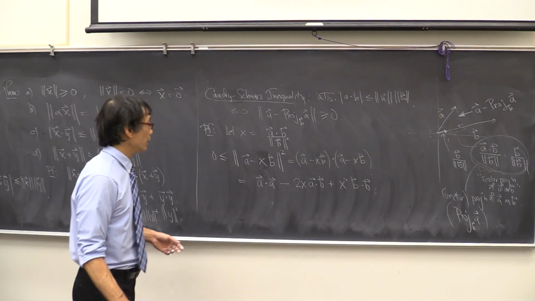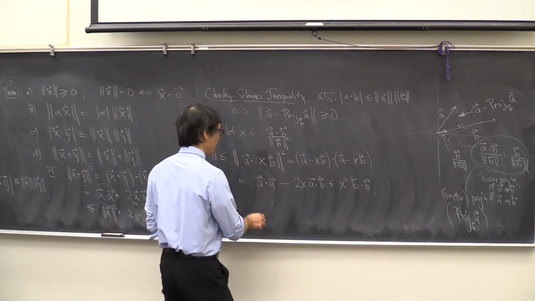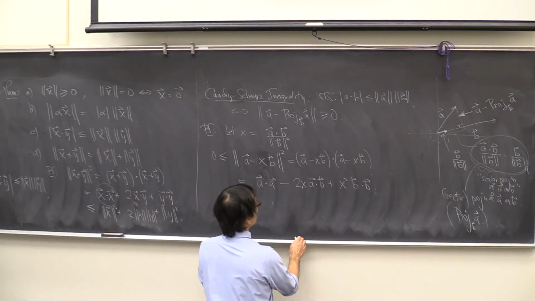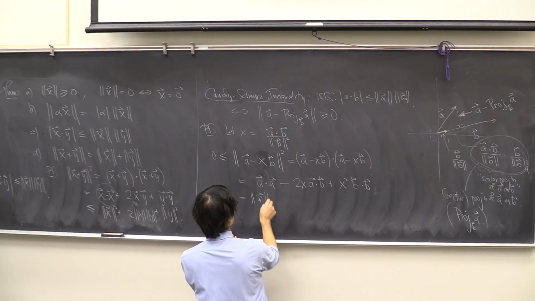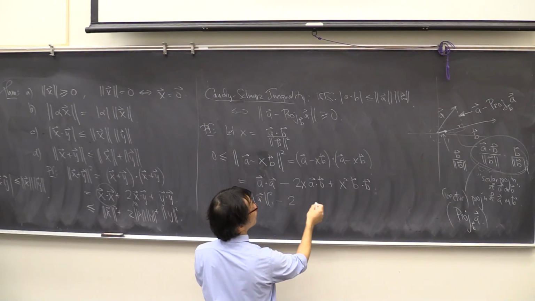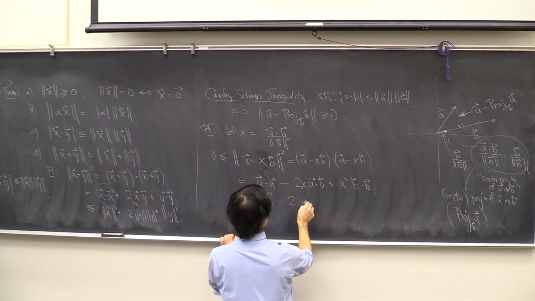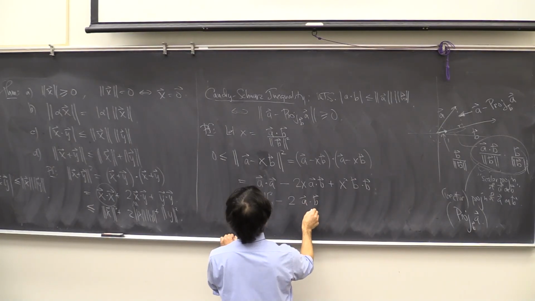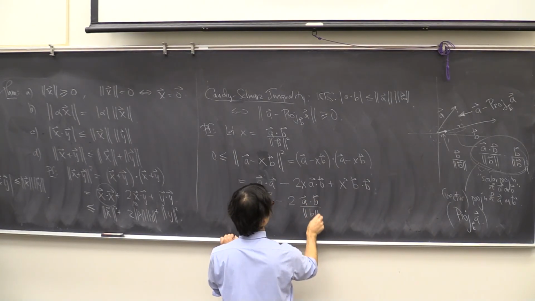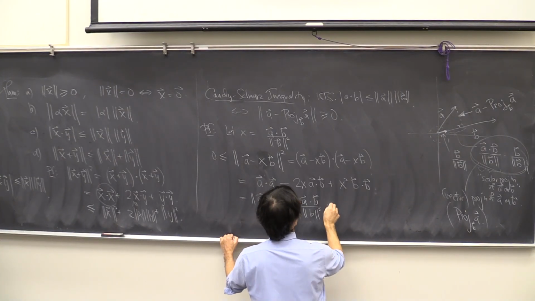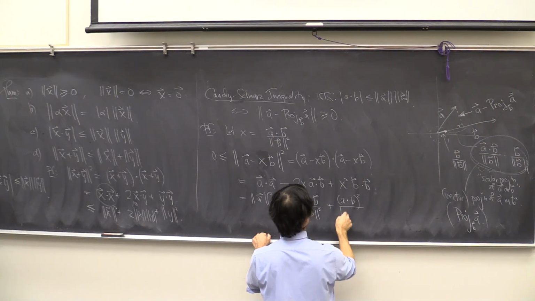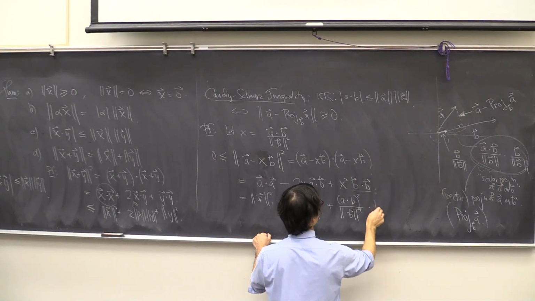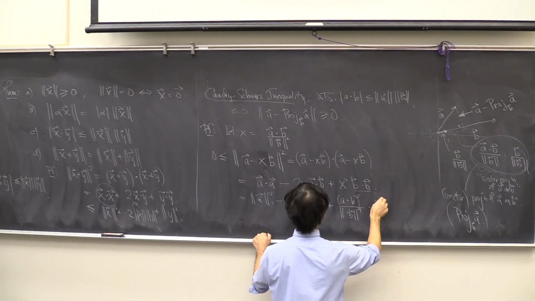Let's write it out. We get magnitude of a squared minus 2x a dot b over magnitude of b squared plus x squared. So that's a dot b quantity squared over magnitude of b to the 4th power times b dot b, which is the magnitude of b squared.